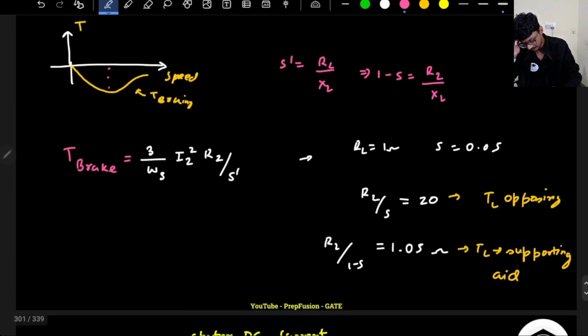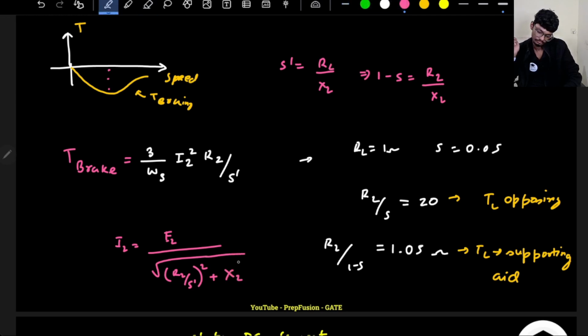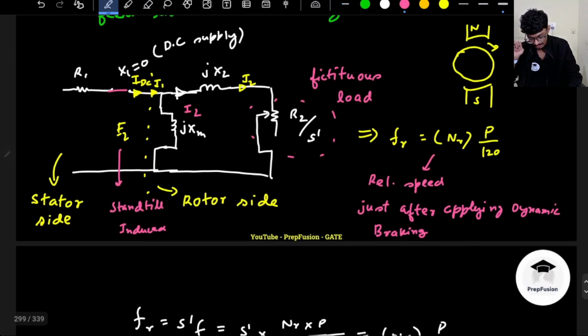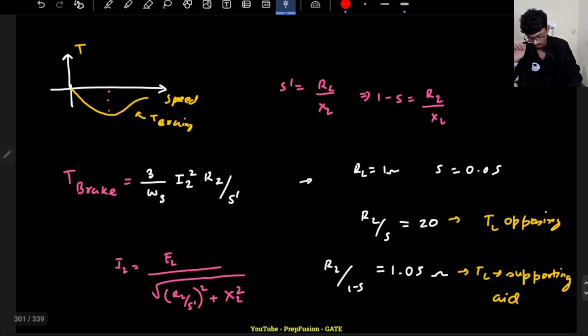I2 will be simply E2 divided by the square root of (R2 dash by S dash) whole square plus X2 whole square. So from here you can find out the I2, very easy, right?